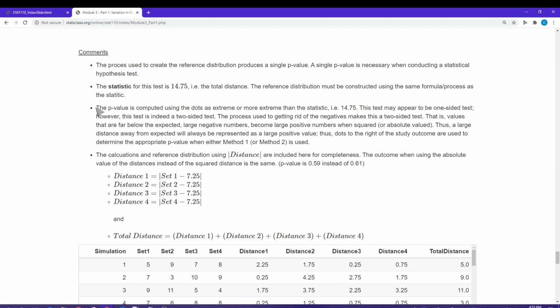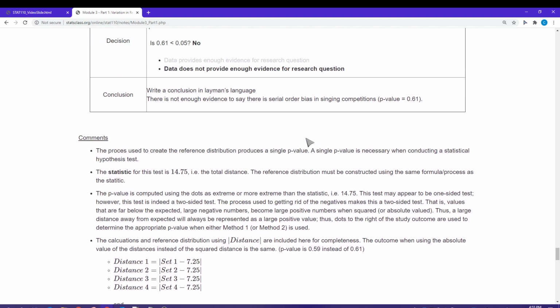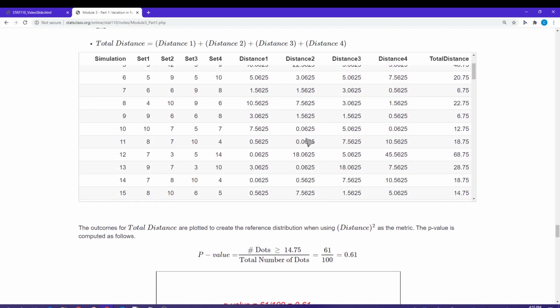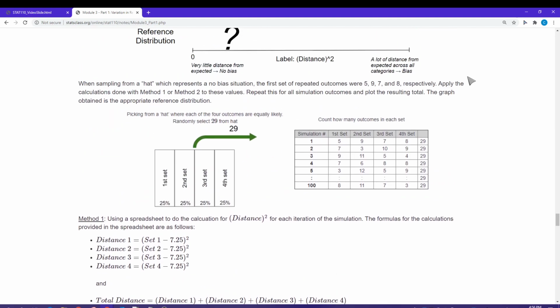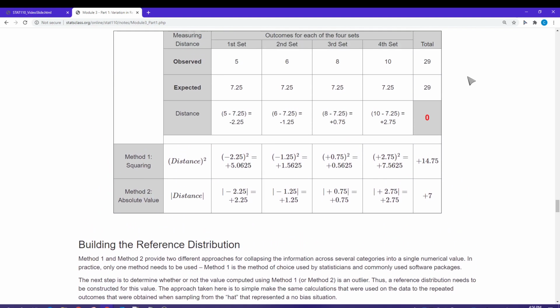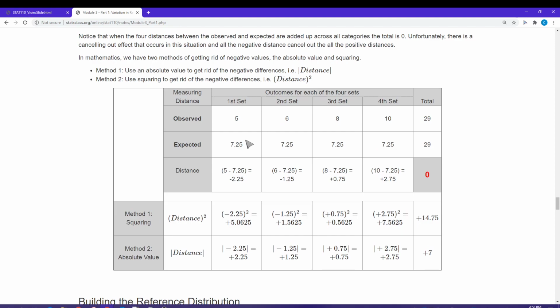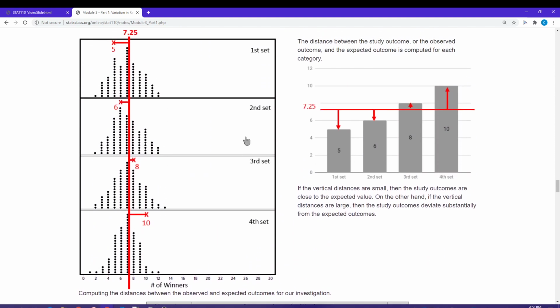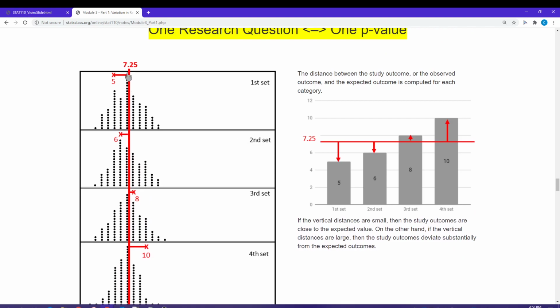This third comment is about the fact that these tests are two-sided. Let me go up here and explain that a little bit. These tests are two-sided because negative values, so values that sit on the left side, let's go back up here and look at this picture here. The values that sit on the left side, okay, so that is 2.25 below. When I square them, they get pushed up to the right side.